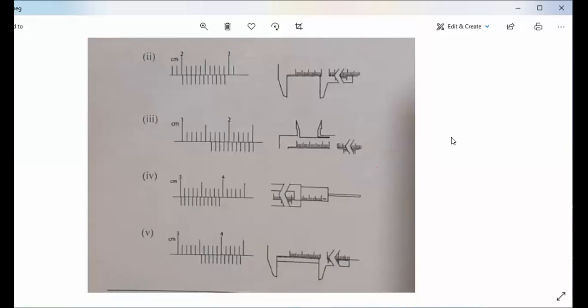Within brackets, please write: external diameter and the height of the cylinder.